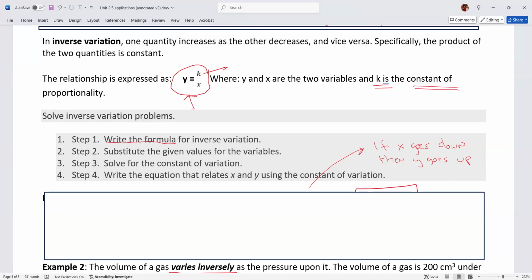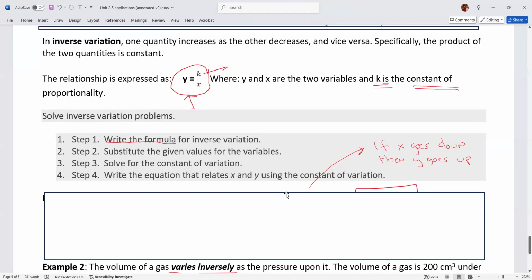And then substitute the given values for the variables. It's good to use descriptive variables instead of y and x so that you know what you're substituting in. And then you will solve for k because you're going to be given the value for the y and the x. Solve for k. And then once you have k, you're going to rewrite the equation and substitute in the given value for y or x to solve for the missing one.